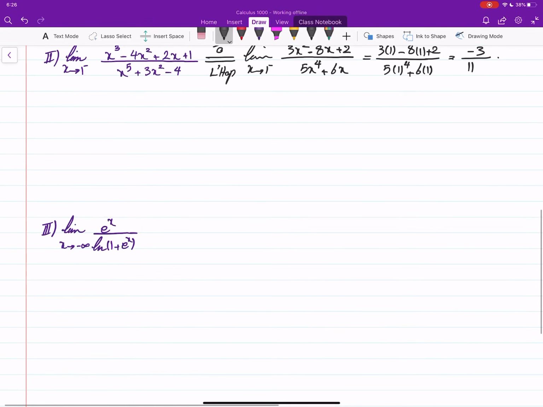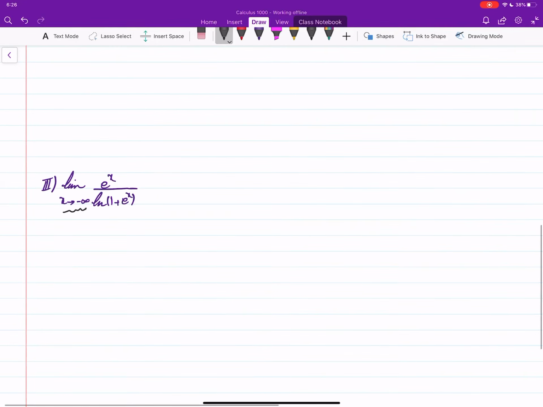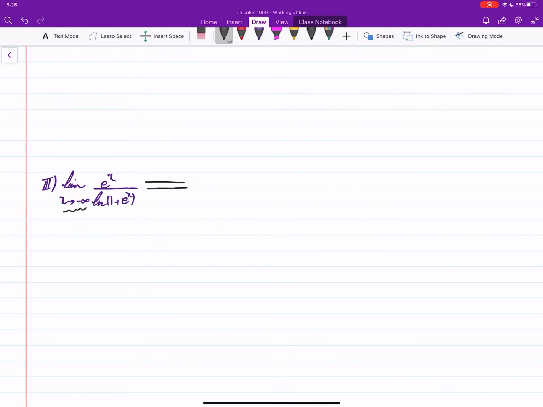And as I mentioned in the remark, this will also work when x approaches plus or minus infinity. If we have an indeterminate form, you see as x approaches negative infinity, e to the power x approaches 0, 1 plus 0 is 1, and the limit of ln of 1 is 0.